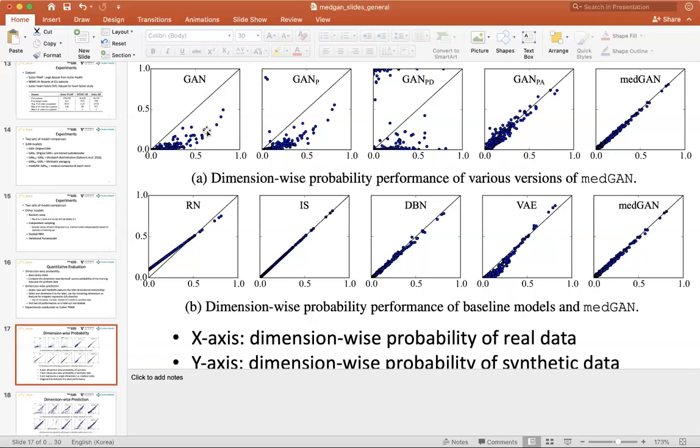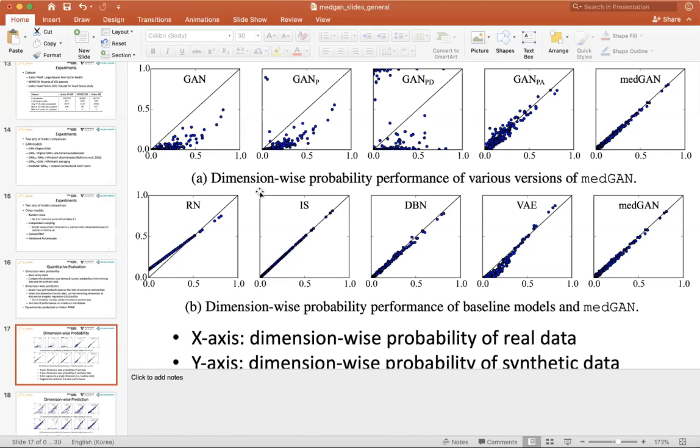It's not so real because they don't align. If we're talking about the same feature, same column, then it should have the same occurrence probability. If from the real data, this column has a 70% chance of occurring, then from the synthetic ones, it should also have a 70% chance of occurring, which would be placed on the diagonal line here. That's why I'm saying that the more the dots are aligned on the diagonal line, the more realistic the synthetic ones are.